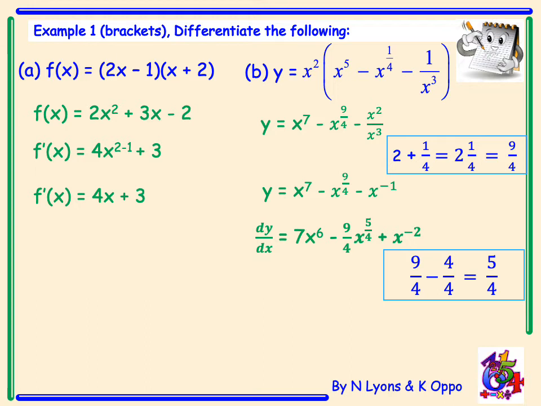And then the last term there, negative 1 multiplied by the negative x will give a positive, and the power negative 1 take away 1 is negative 2. We'll just tidy it up a little bit so that we don't have an answer with a negative power within it. And the final solution there is 7x to the power of 6 minus 9 over 4 x to the 5 over 4 plus 1 over x squared.